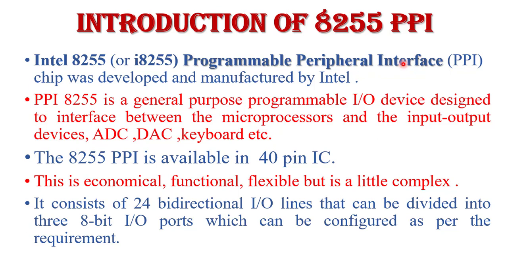So we can say that the 8255 PPI is a general purpose programmable input-output device that is designed to interface, or provide communication, between the microprocessor and input-output devices such as analog to digital converters, digital to analog converters, keyboards, etc. The 8255 programmable peripheral interface is available in a 40 pin IC.